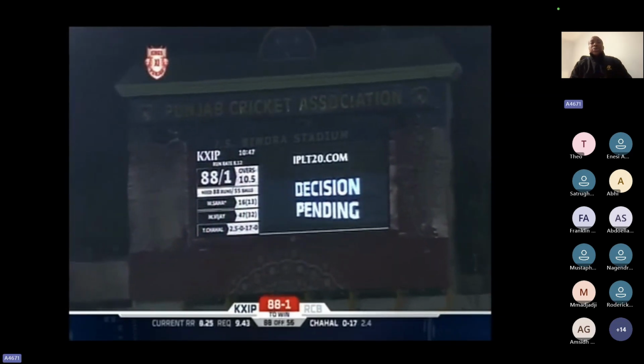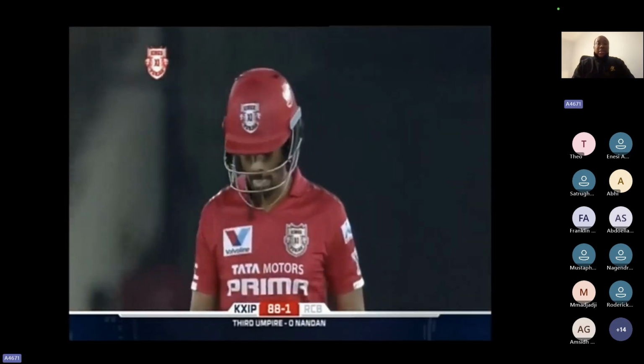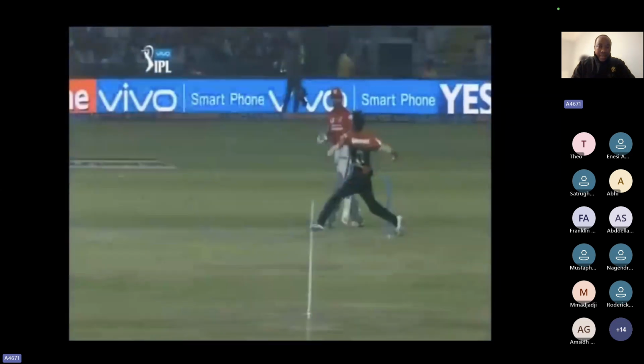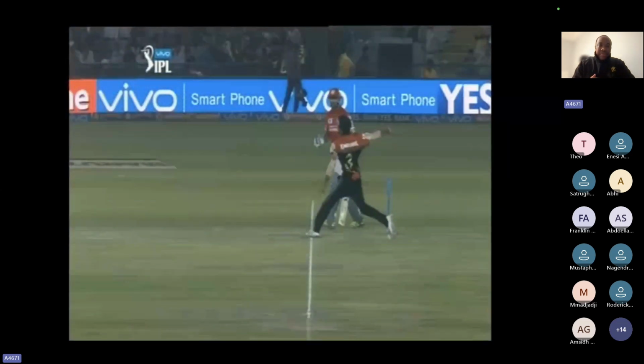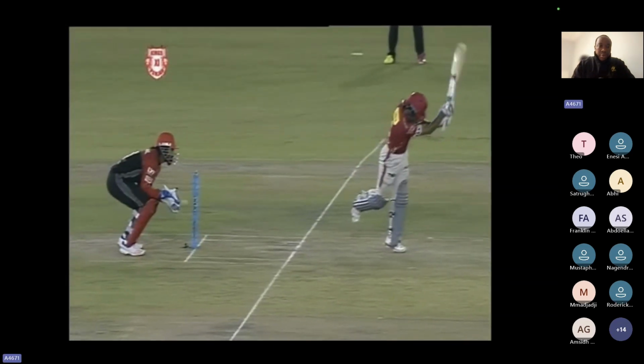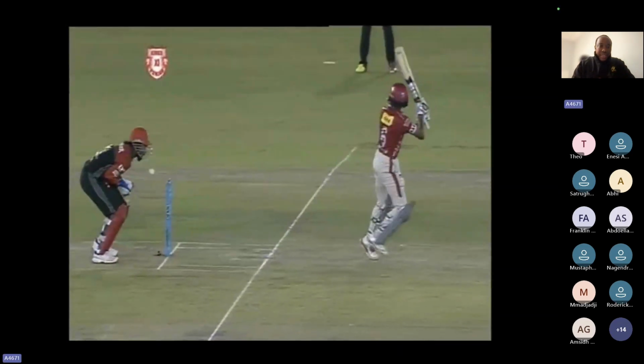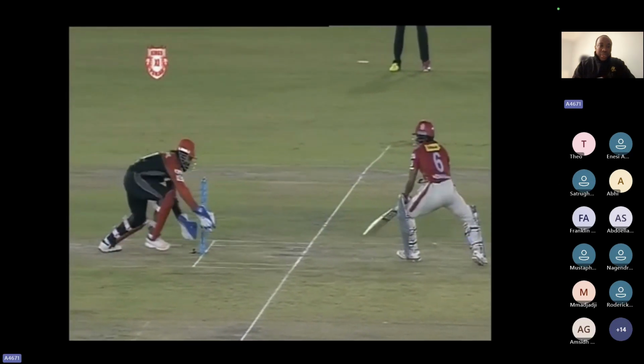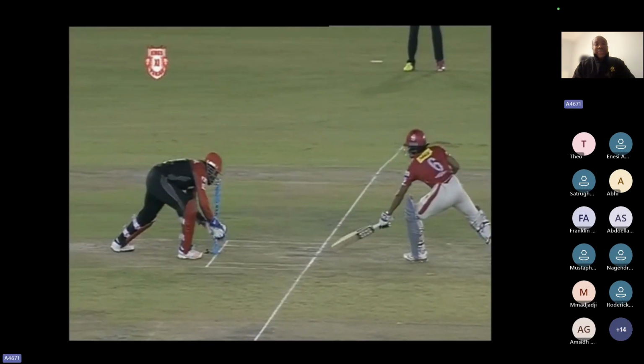Now, what is to be considered here, we'll see it in the replay, that the wicketkeeper, at first, the ball goes through his gloves, bounces off his body, and then onto the grill of his helmet.